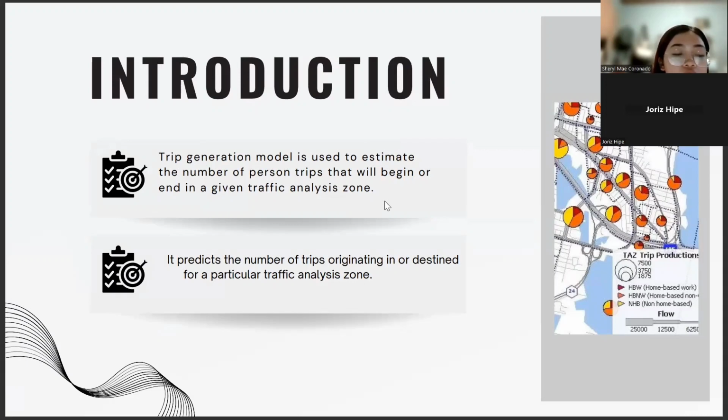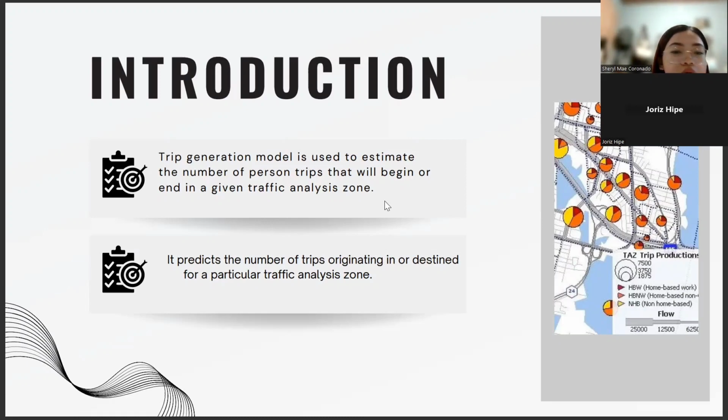Trip generation is the first step in the conventional four-step transportation forecasting process. It predicts the number of trips originating in or destined for a particular traffic analysis zone.